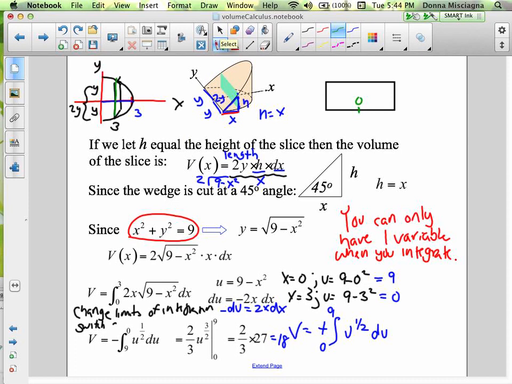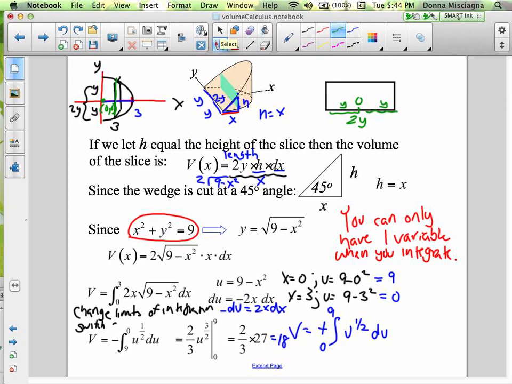So this distance here is exactly the same as this distance here. If one is y, because we're going vertical, then the other side is y. So together this is 2y, because I want to put the center right at the origin. Why do I want to put it at the origin? Because it's easier: then I'm only dealing with radii.